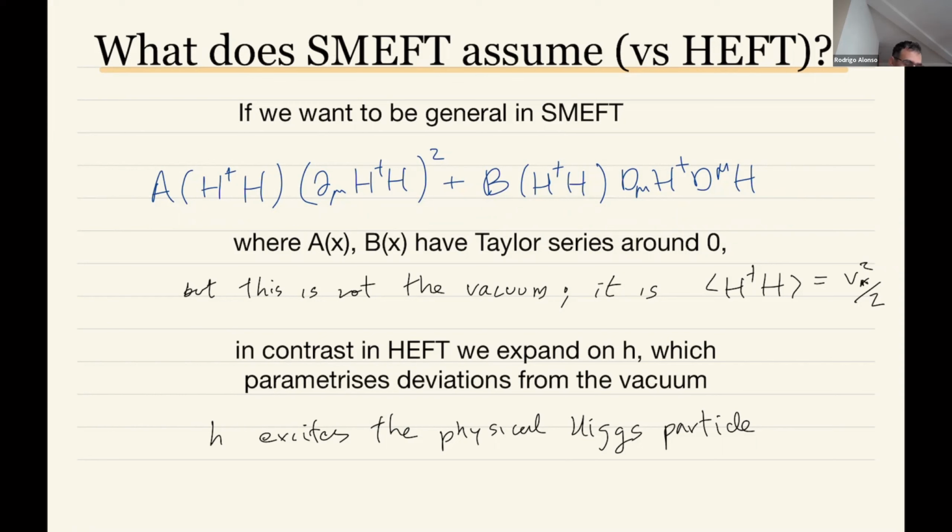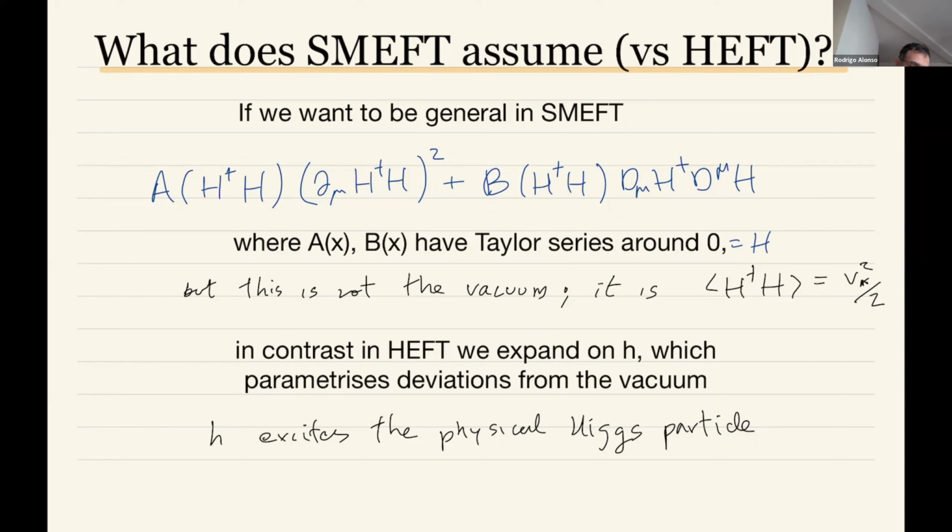Something we're assuming implicitly is that these functions a and b have a Taylor series around 0, that is, around h equals 0. So we're expanding them, and indeed that is in the power counting formula of SMEFT, we expand in h over lambda, which implicitly assumes that h equals 0 is a good point to expand around.